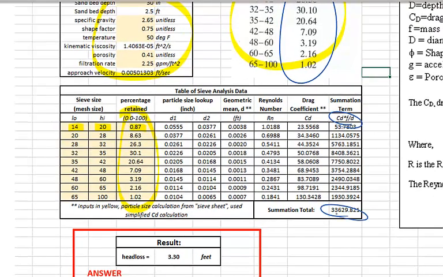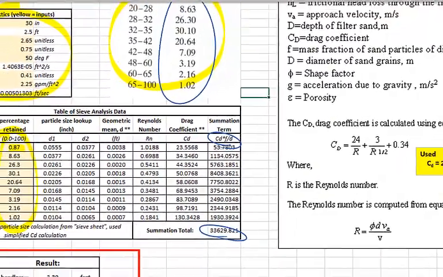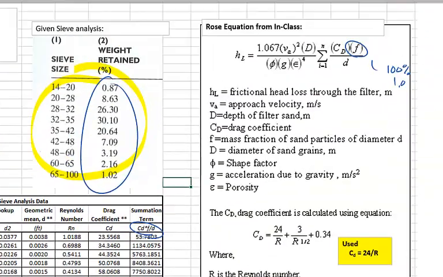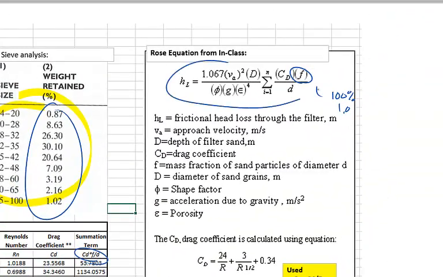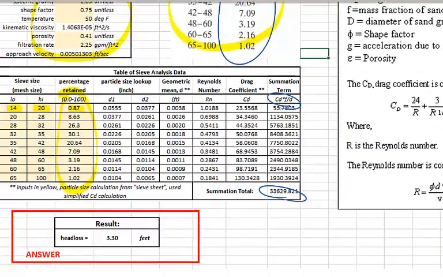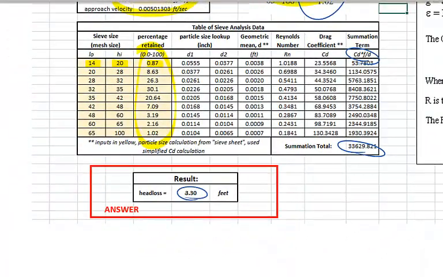Sum these for your entire sieve, and then these variables all go into the Rose equation, which I've got right here, and you solve that complete equation with that summation. For this example, it looks like we're getting a head loss of about 3.3 feet. Some of you are going to get about 3 feet.